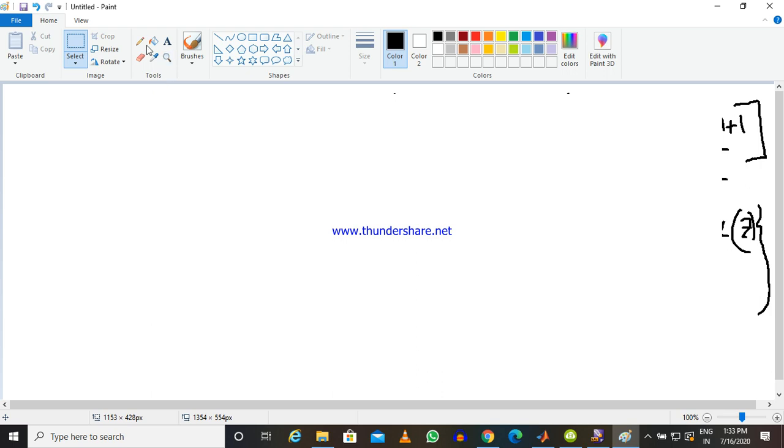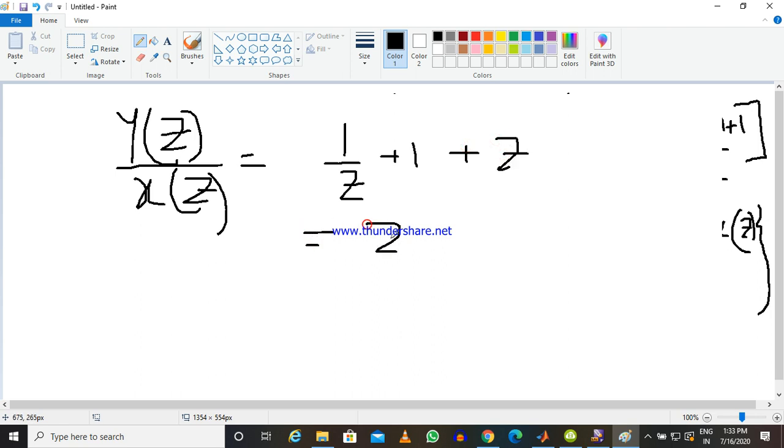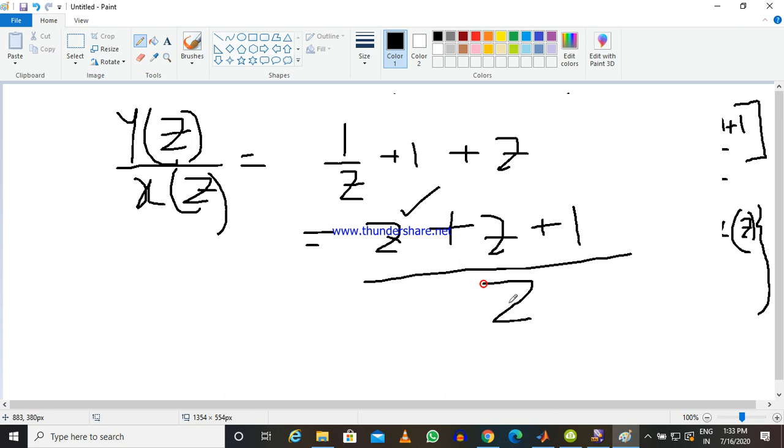Y(z) by X(z) is equal to z to the power minus 1 times (z plus 1 plus z)... basically that is (z squared plus z plus 1) by z. So this is the transfer function.